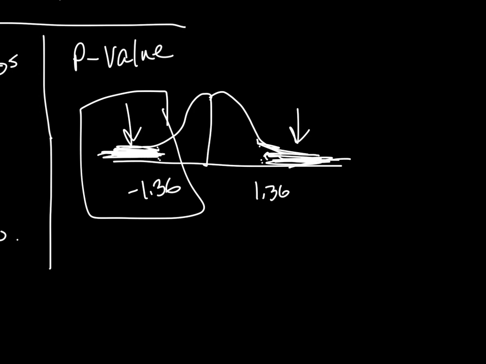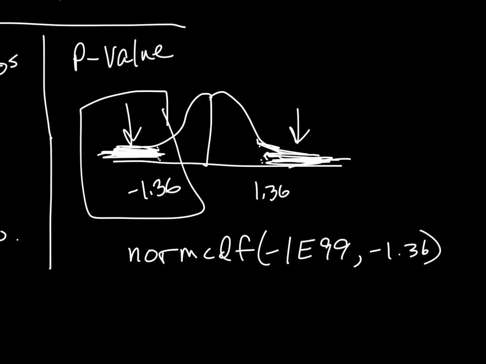Okay, so I'm going to norm CDF, negative 1 E99, comma, negative 1.36. That gives me 0.0869. So to get both tails, I'm going to take that number times 2, and I get 0.1738.